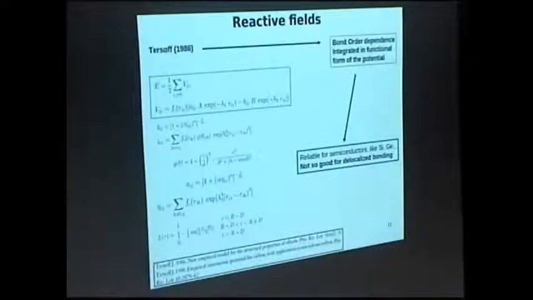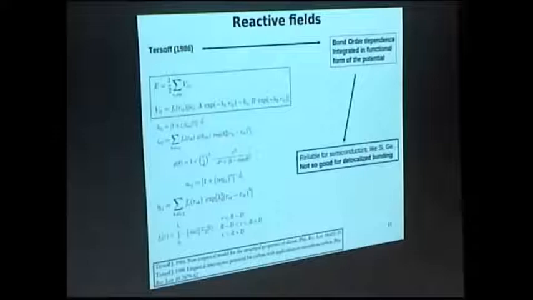And it follows the same structure, okay? A repulsive part, an attractive part, then we have the bond order here, and a cutoff function that is well chosen also. The idea here is that the bond order is always integrated in the potential. This is the great contribution of these guys, Abell and Tersoff.